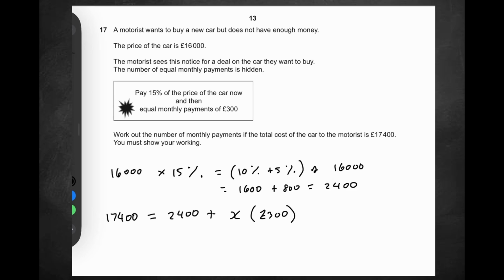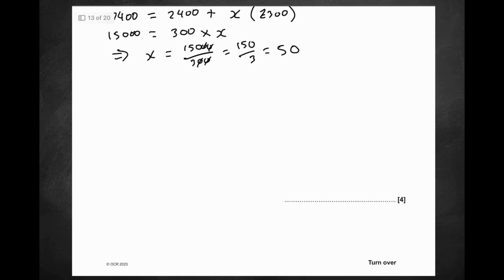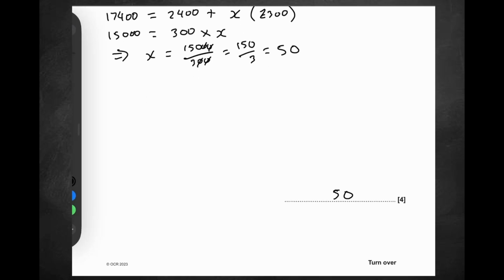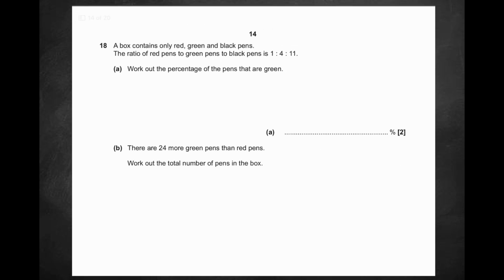So if I take the 2,400 onto the other side, I'm going to have 15,000 equals 300 times X, which means X is just going to equal 15,000 divided by 300. So if I cancel out some zeros here, that's the same as 150 divided by 3, which is just 50. Therefore, the number of monthly payments is going to be 50.